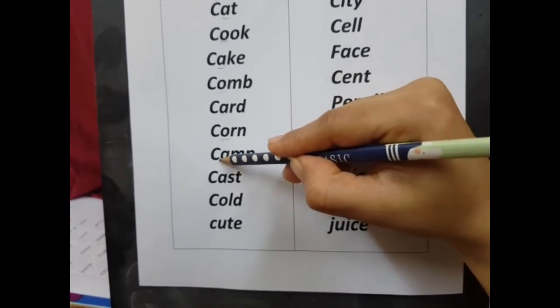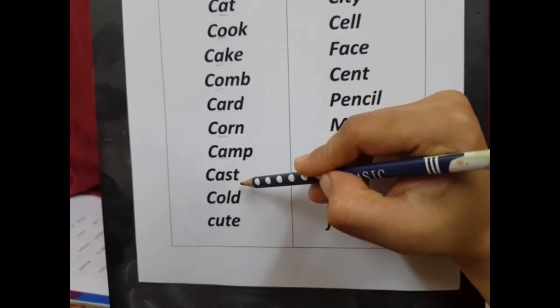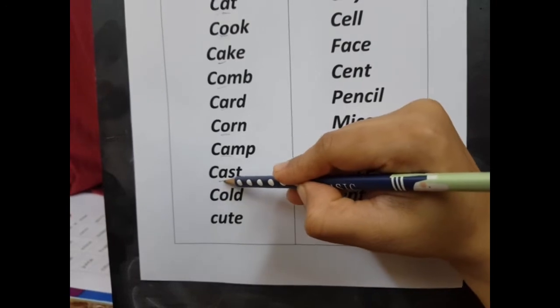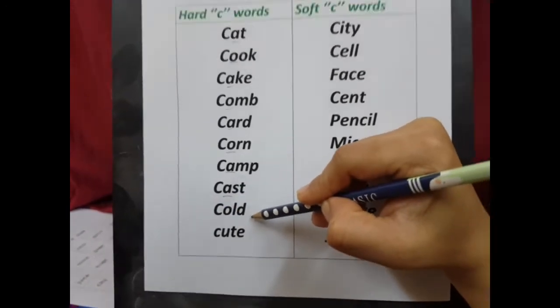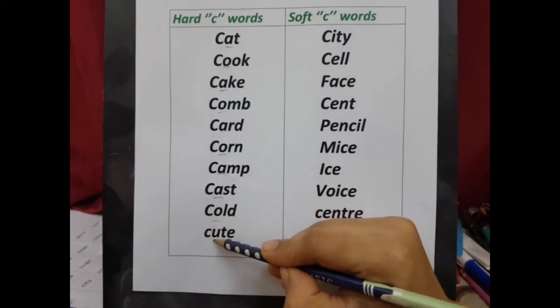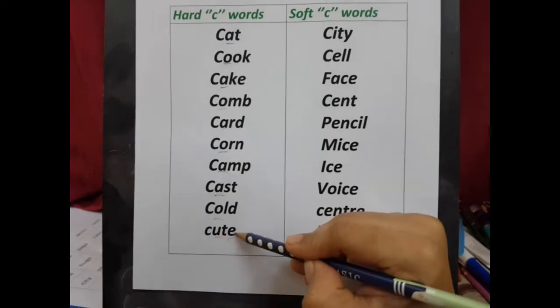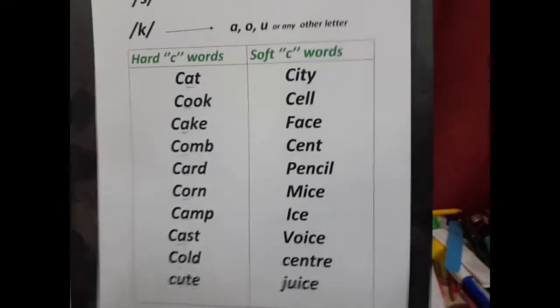Camp. Yes, very good. C-A-S-T. Cast. Very good. C-O-L-D. Cold. C-U-T-E. Cute. Very good. U-E makes the sound U here. So it is cute.